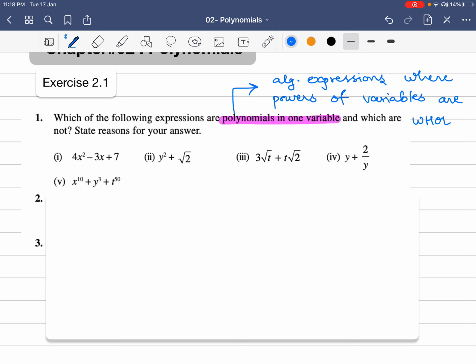This is an important point. All the powers of all the variables in your algebraic expression should be a whole number. So let me in fact highlight it. It should be a whole number.